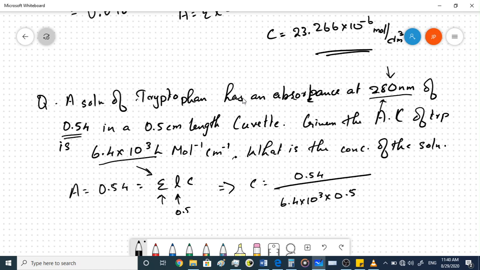When you calculate this, you will get the value as 1.68 into 10 to the power minus 4 moles per liter.